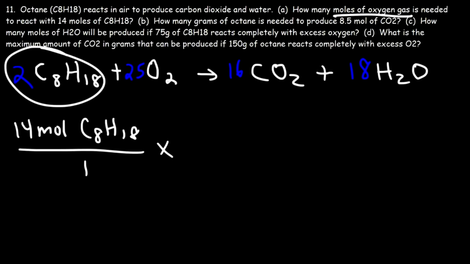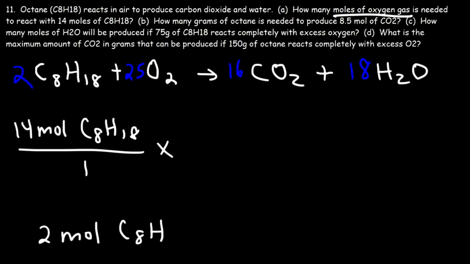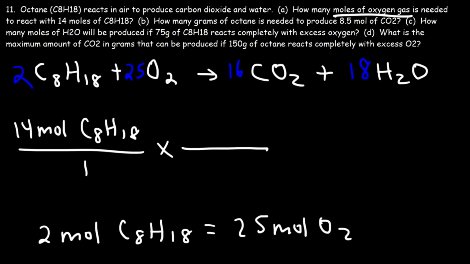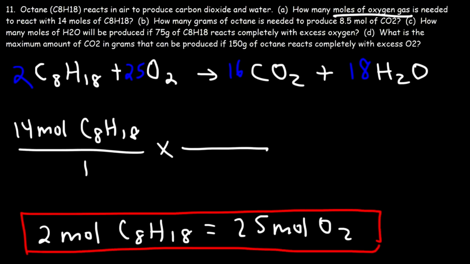What that means is that 2 moles of octane are needed to react completely with 25 moles of O2. And so that's what it means. And so we're going to use this as our conversion factor.